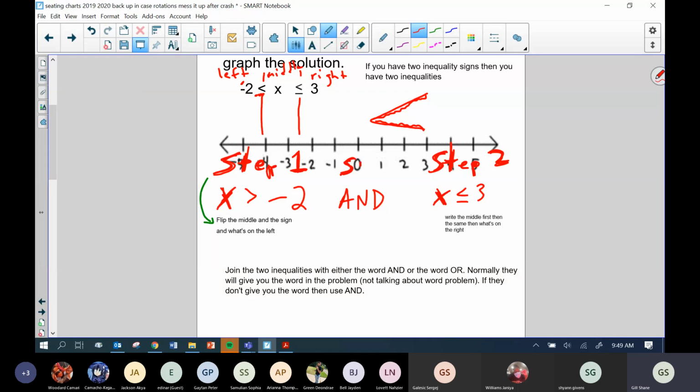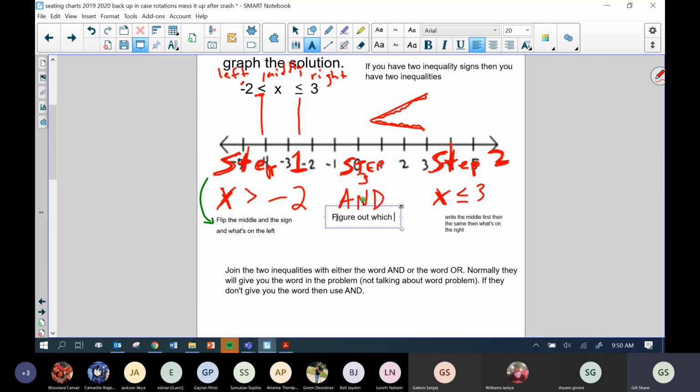You've got to figure out what is the word. So for step 3, you need to figure out which word you use to join the two inequalities.